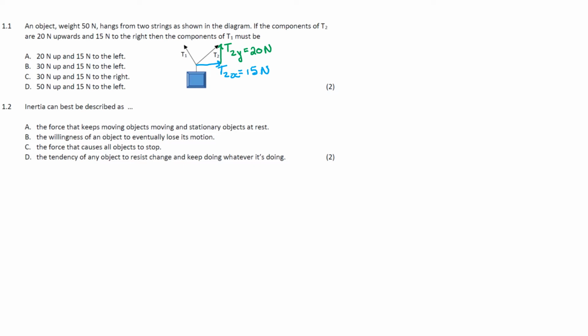Now, T1's components must cancel out T2's components and the weight. So the weight of this thing is 50 newtons downwards.